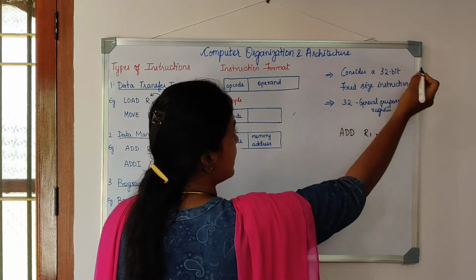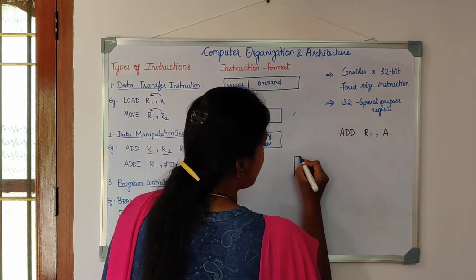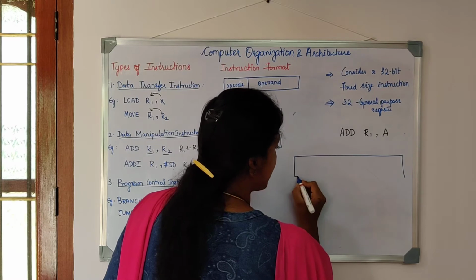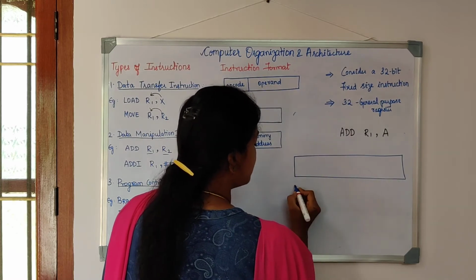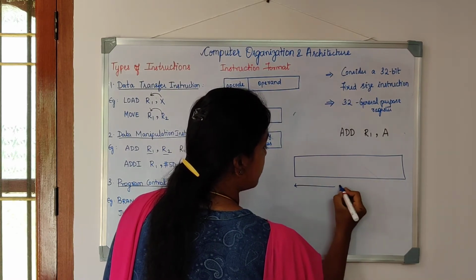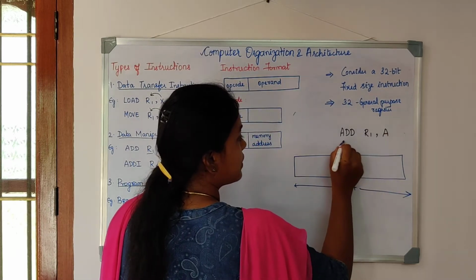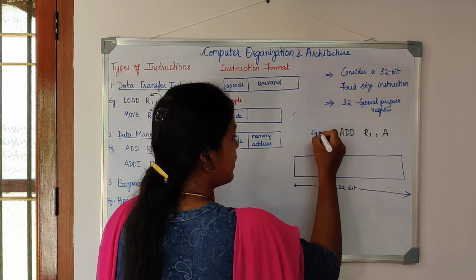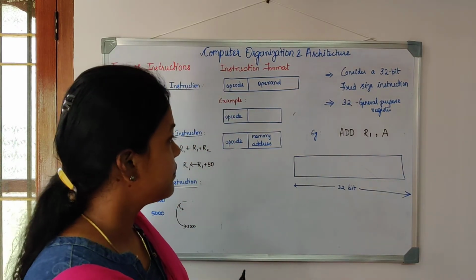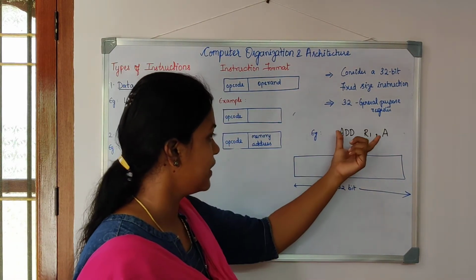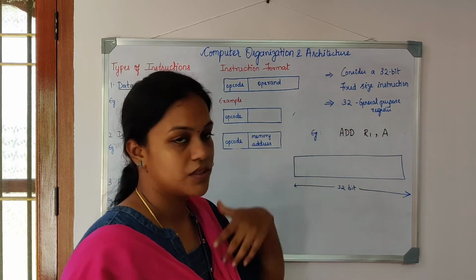Fixed size instruction, and it is of 32 bits. So now we are going to design an instruction format which is of size 32 bits for this instruction. This is a sample instruction we have taken, and we are going to design the instruction format for this instruction.